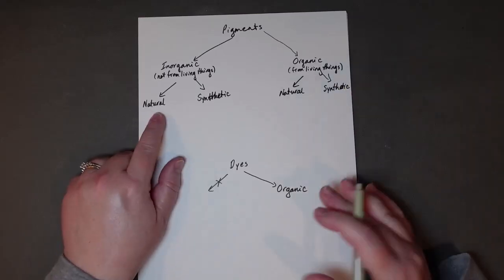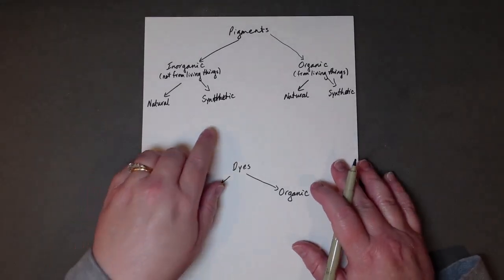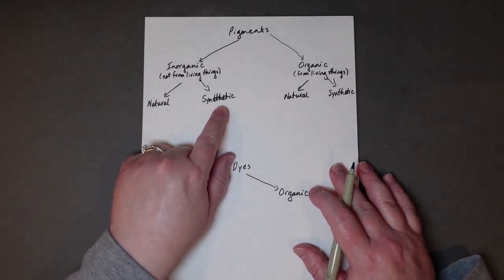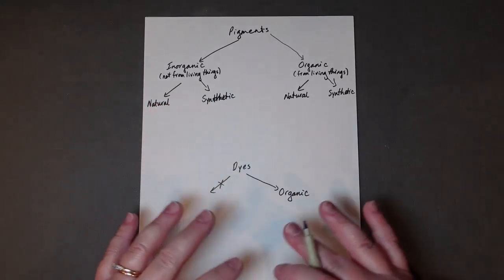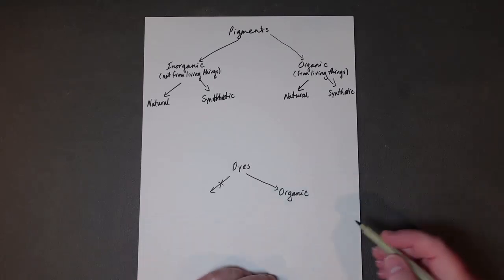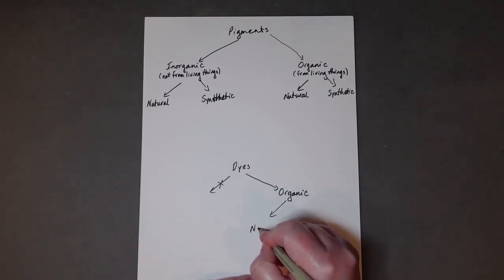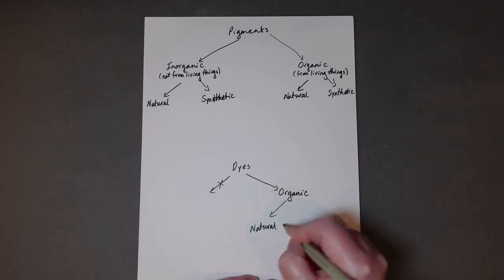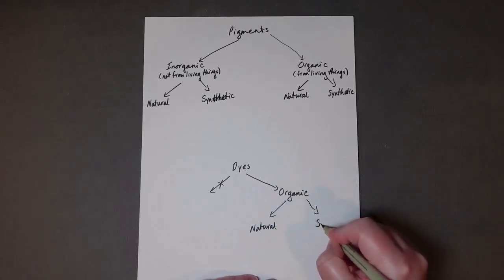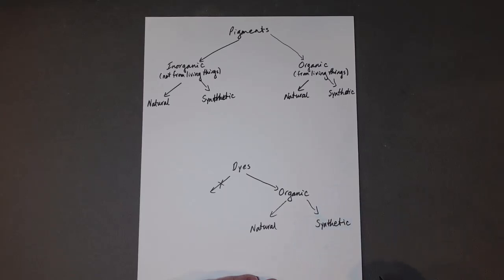And by natural, I mean what you think it means, right? Naturally occurring. Synthetic means made in a lab, basically, or made by humans. Dyes can also be natural or synthetic. And don't worry, I'm getting to the pink and the purple part.